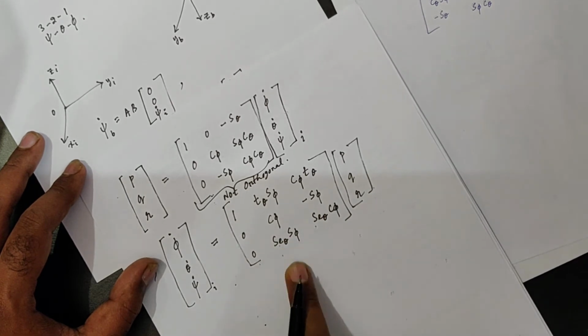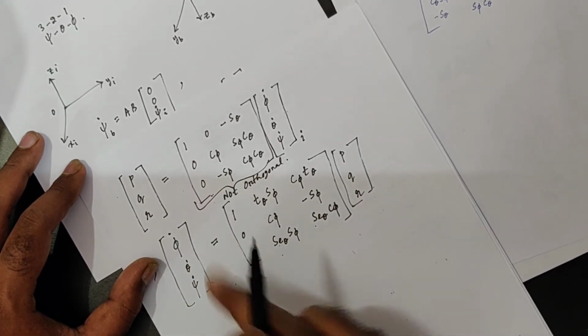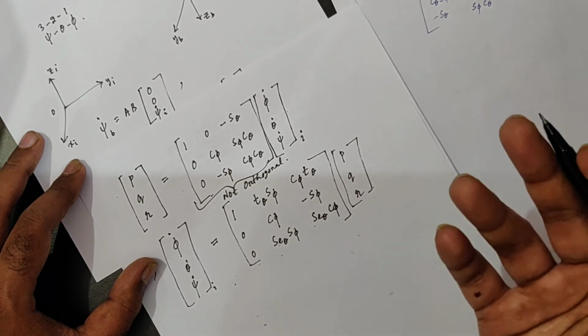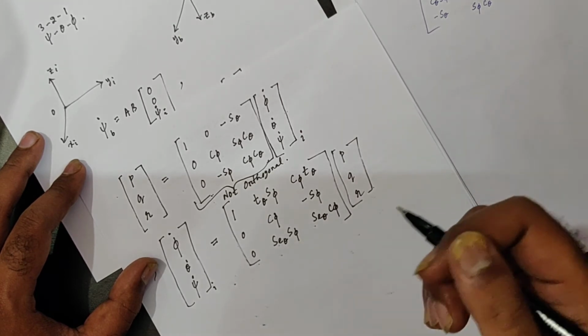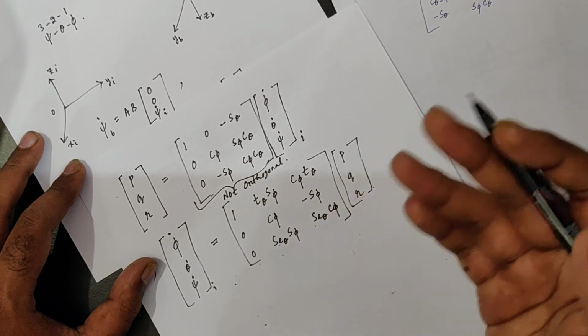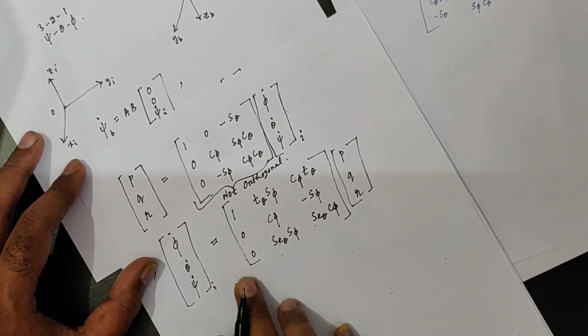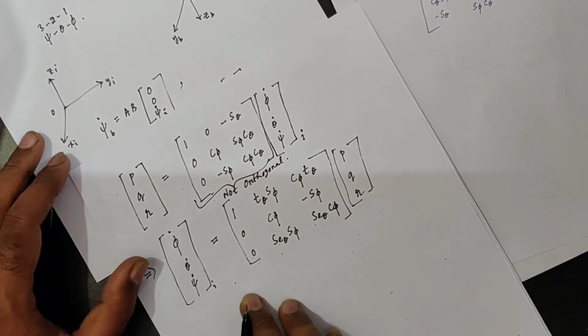To find the inverse of this matrix, we need to follow any usual method of inverse of a 3 by 3 matrix.